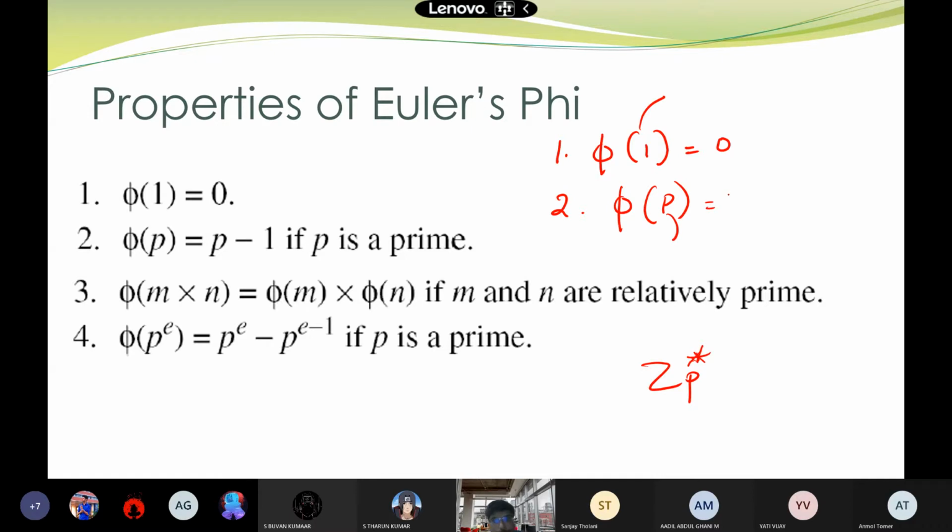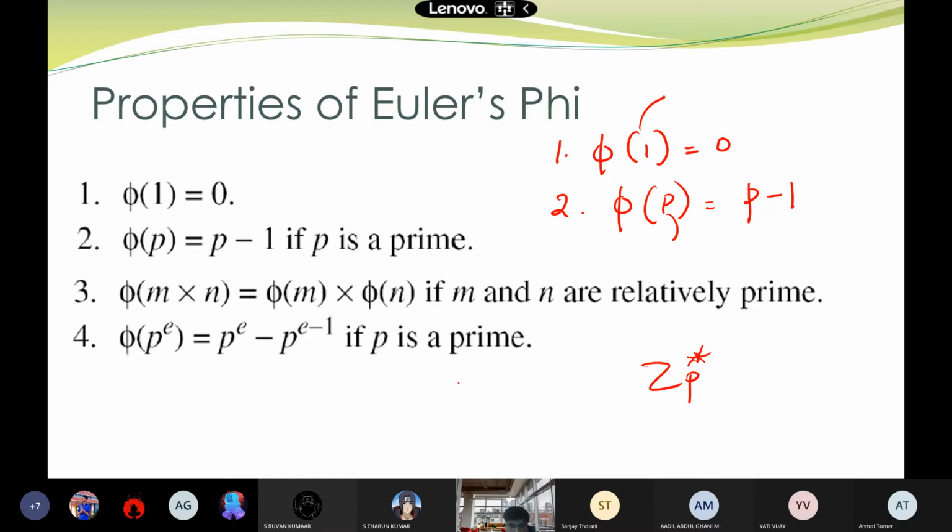I already told you that. Can anyone tell me? If p is a prime, the number of elements in the set Zp star that are smaller than and relatively prime to p will be what? How many elements will there be? It will be p minus 1. So note this down, right? The second property says phi of p is equal to p minus 1.